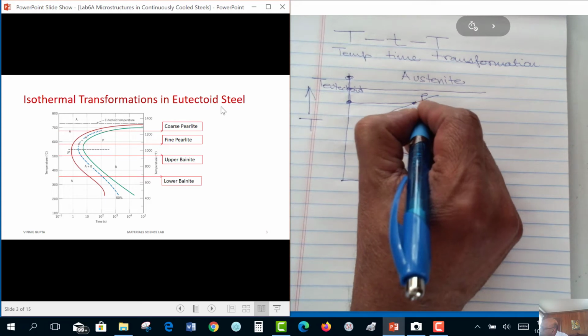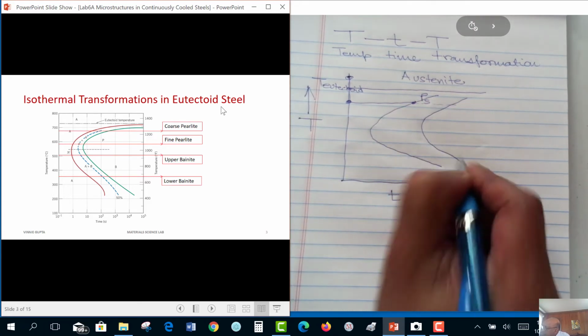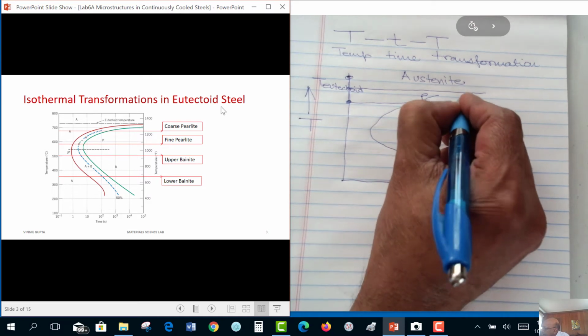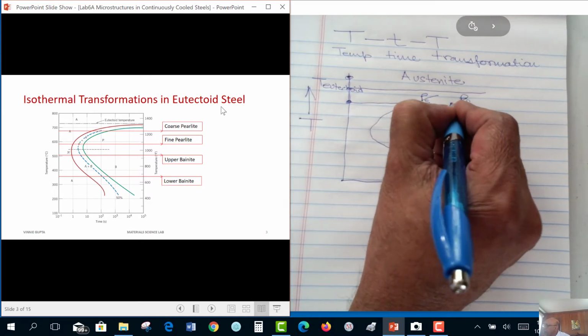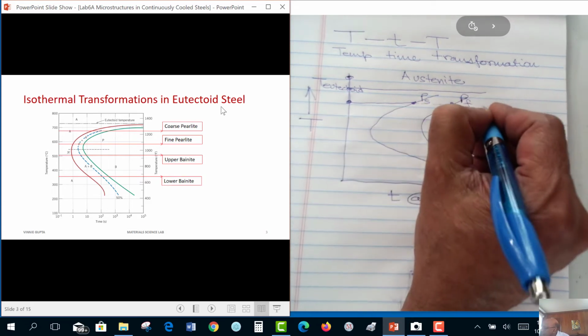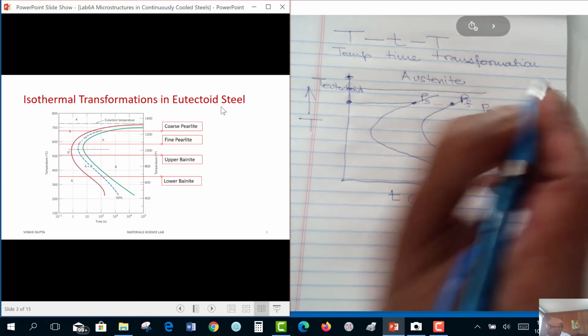So here pearlite begins to appear, and then imagine we have another C curve like this, which we'll call the pearlite finish curve, and from this to this time, austenite will transform completely, and after that we'll just have all pearlite.